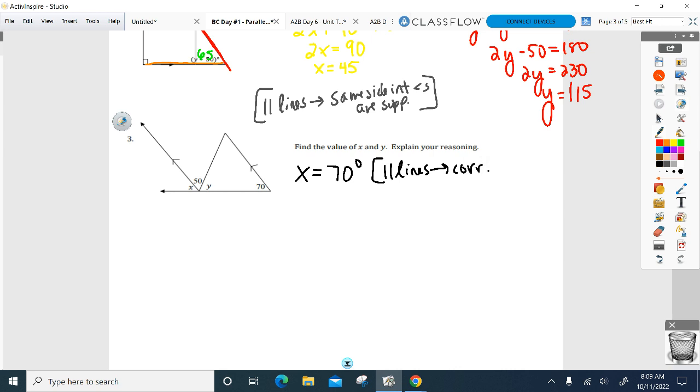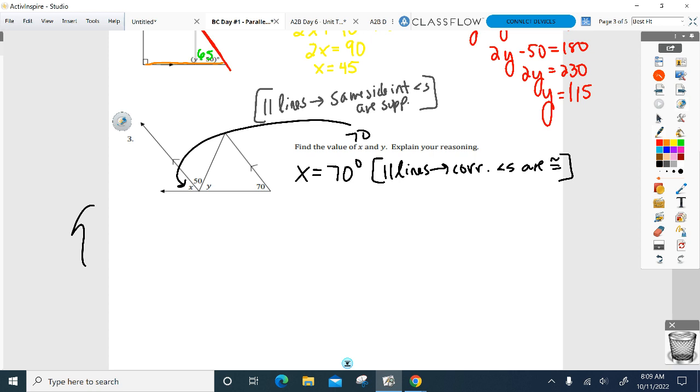If you want to abbreviate it, CORR, I'm fine with that. Good work. I guess this part of the board doesn't want to write. So that's 70.